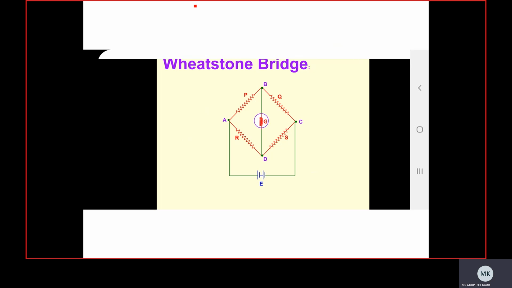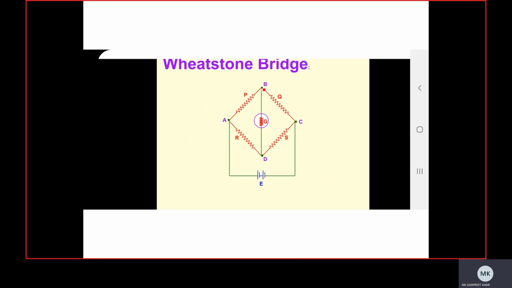When this bridge is balanced, when do we have a balanced Wheatstone bridge? When there is no current flowing through this arm BD, यानी no current is flowing through this galvanometer. Then the bridge is said to be balanced. When will no current be flowing through this galvanometer?